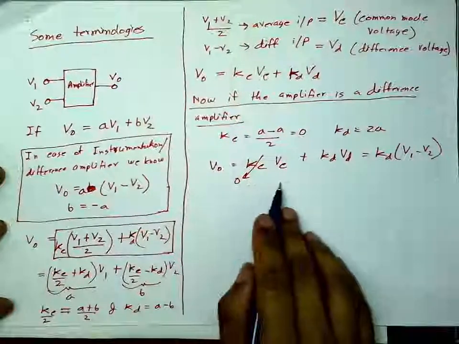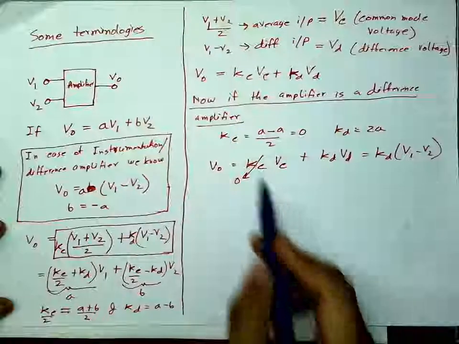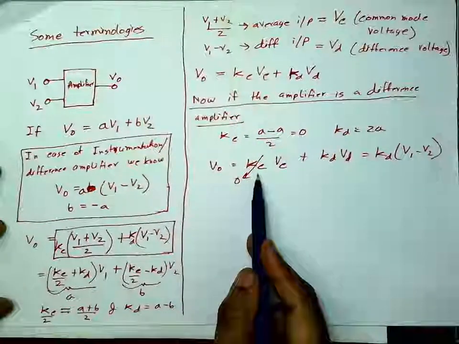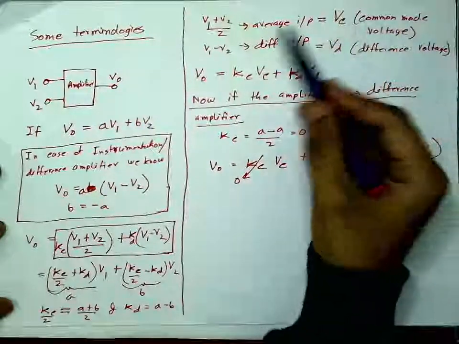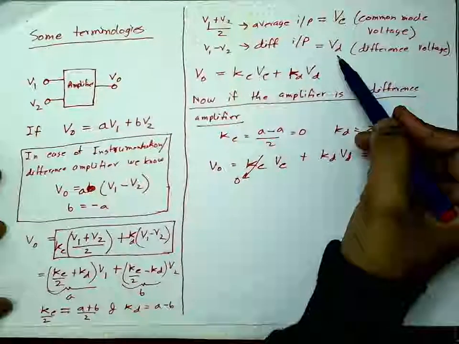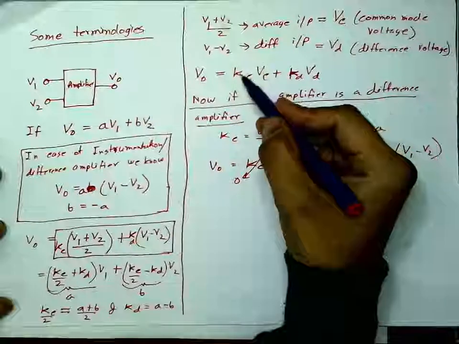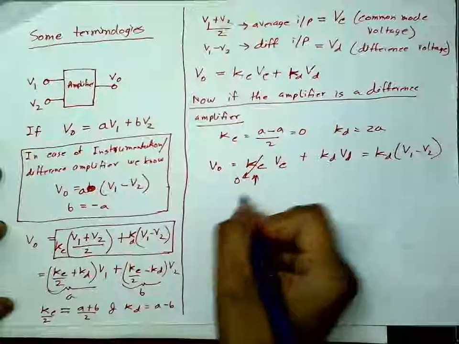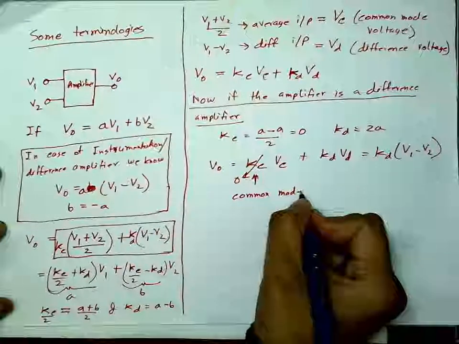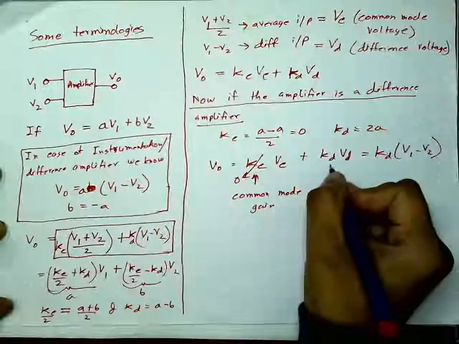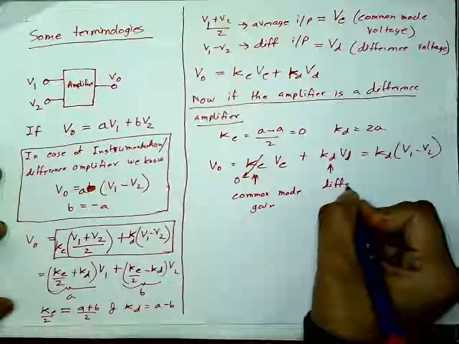This is what ideally should happen, and we call this factor the common mode gain. This terminology you remember: common mode gain, and this is common mode voltage. Kc is common mode gain. This is differential gain.